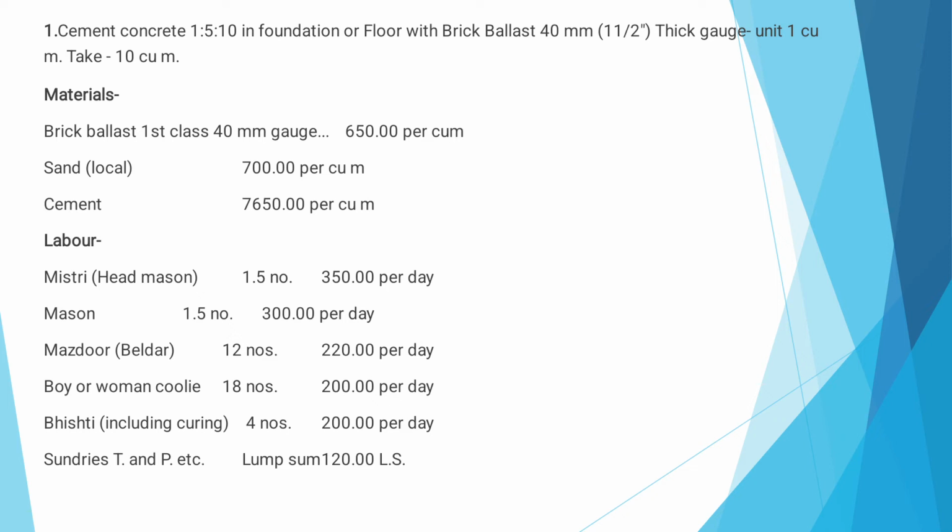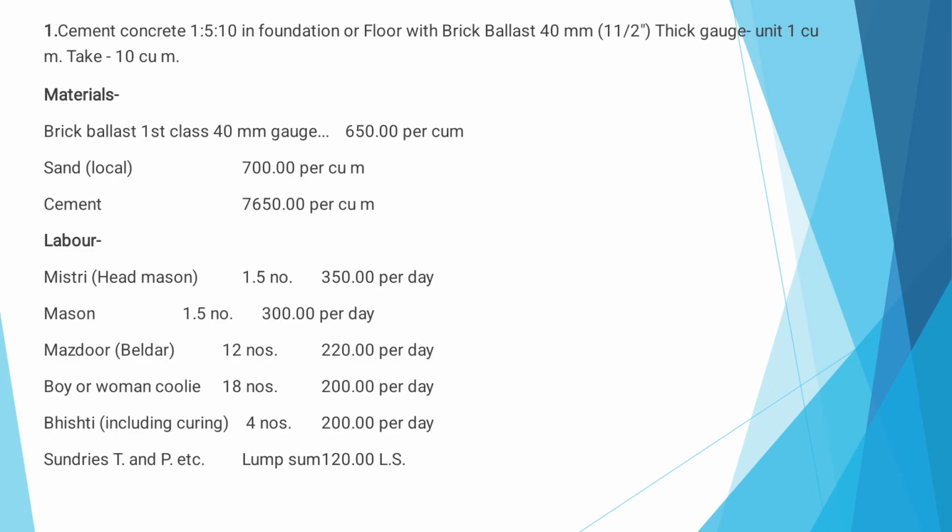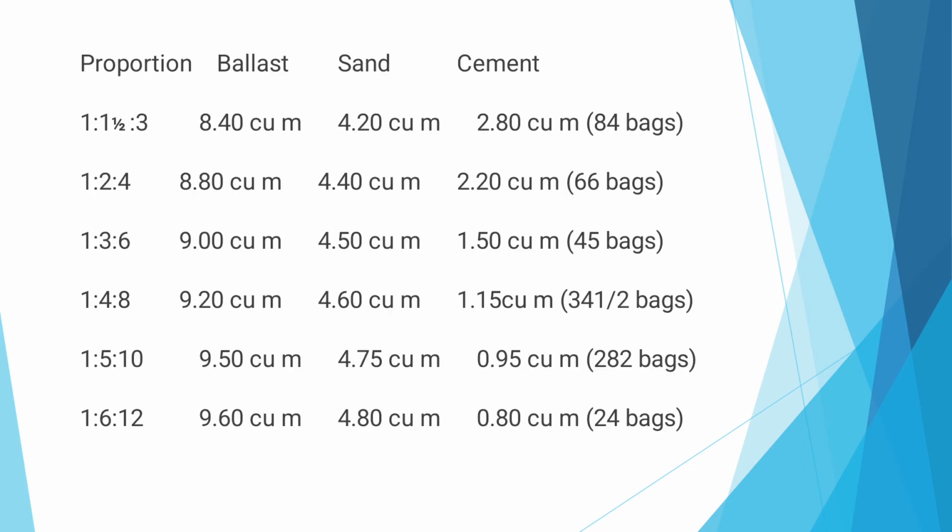So, this is the problem. The materials and labor details are given, and first we find the quantity of brick, sand and cement. What is the ratio given in the problem? 1:5:10. We check the proportion table. For 1:5:10, ballast 9.50 cubic meter, sand 4.75 and cement 0.95.